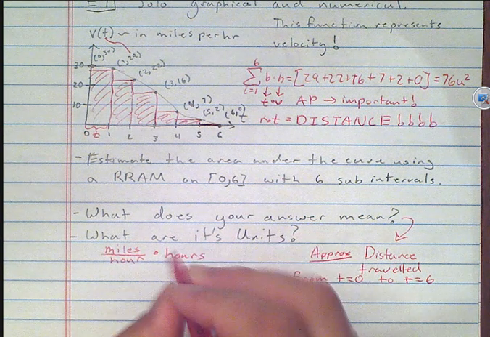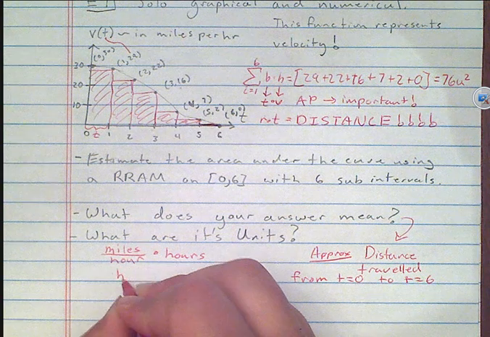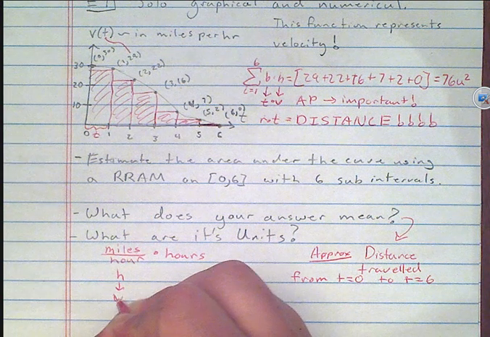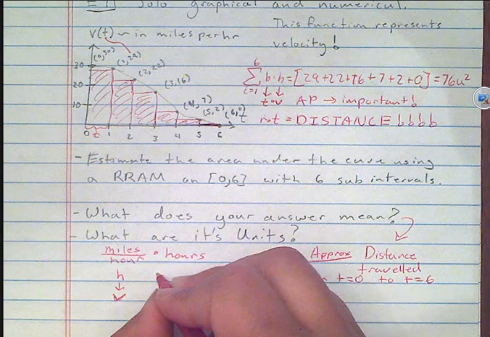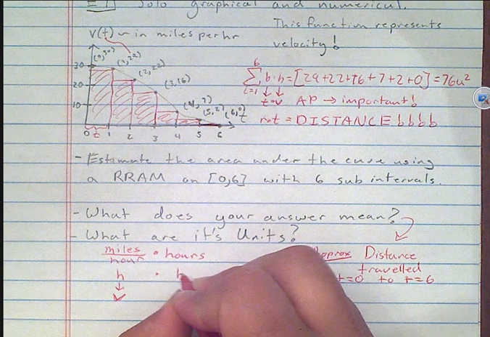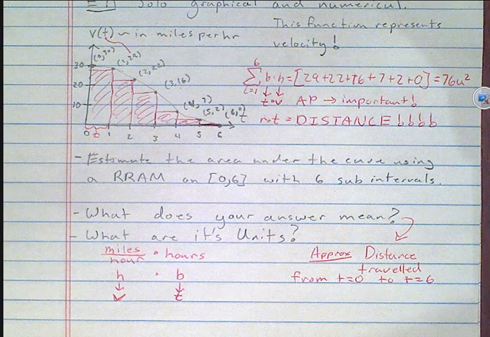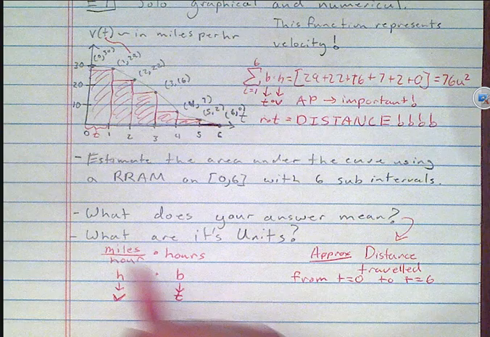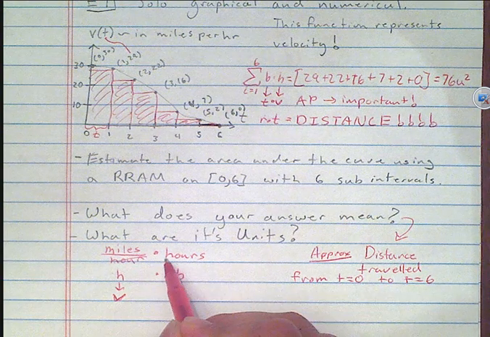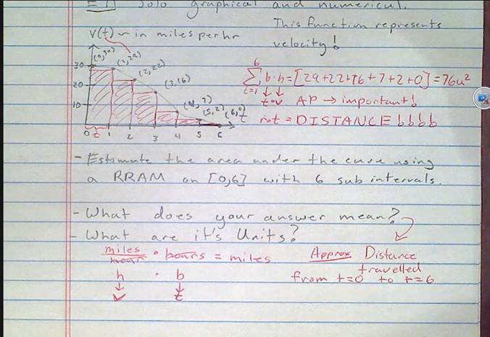That was the height, the v, and this was the base, the t, really delta t. So you did miles per hour times hours. What are its units? It's going to equal miles. So its units are in miles.